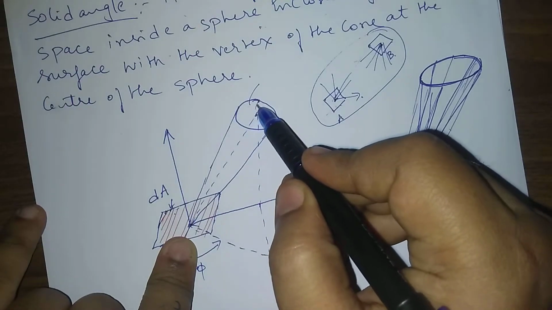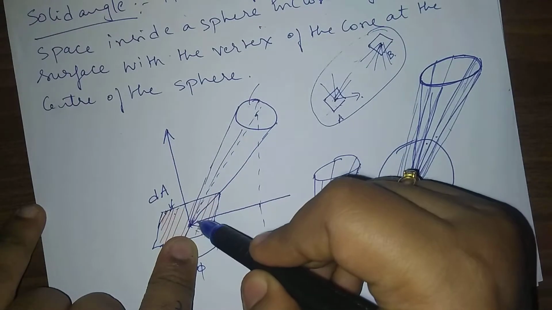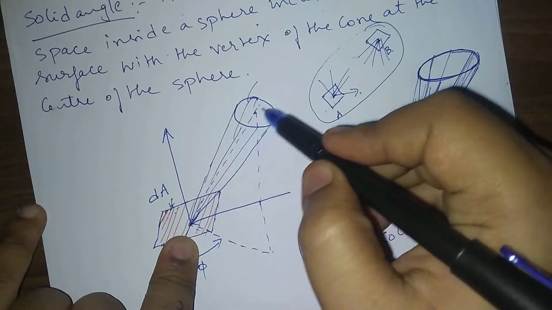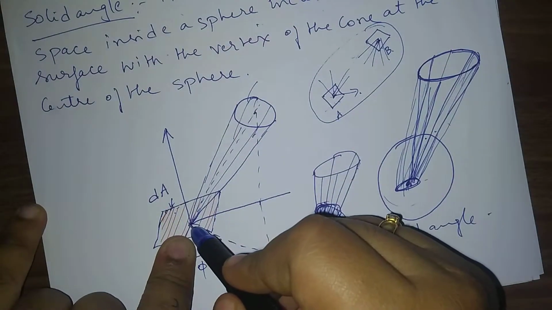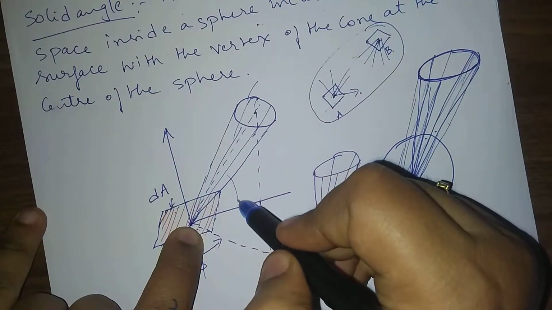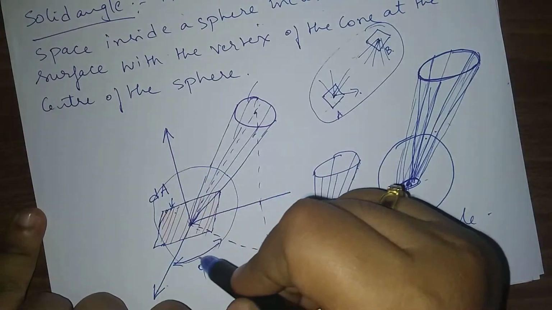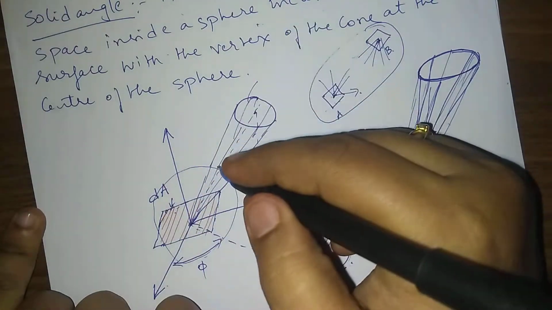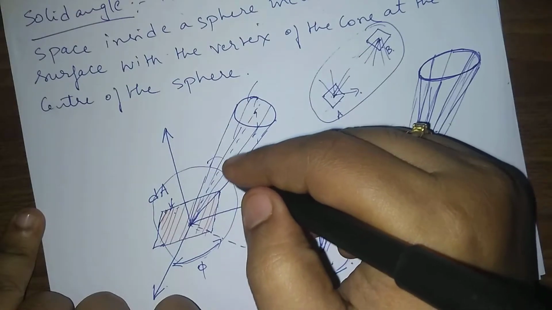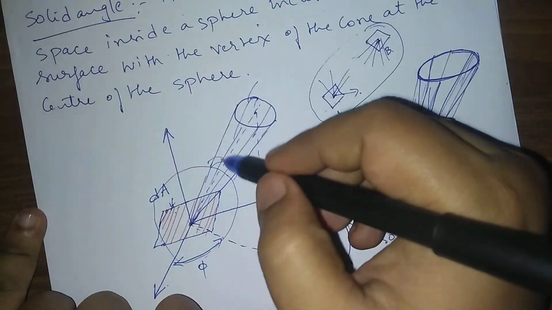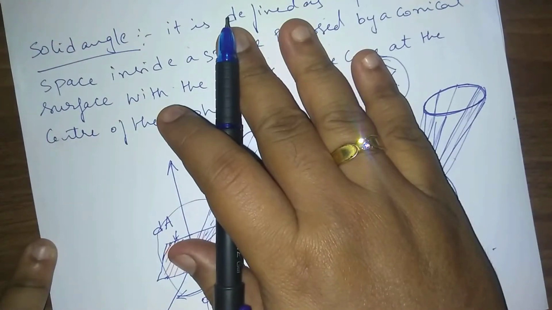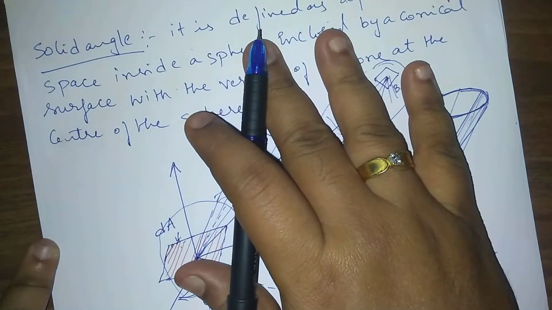Try to join the perimeter of that body with this. Now keeping this as the center, draw the unit radius sphere. Whatever is enclosed between the cone and the sphere is what is called the solid angle. I hope you got the concept of solid angle.